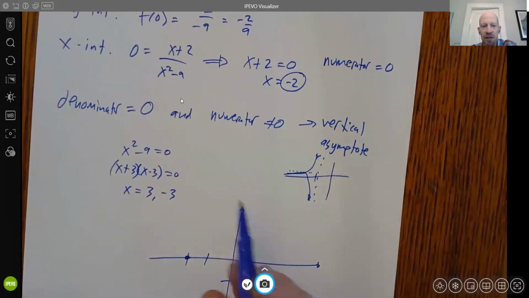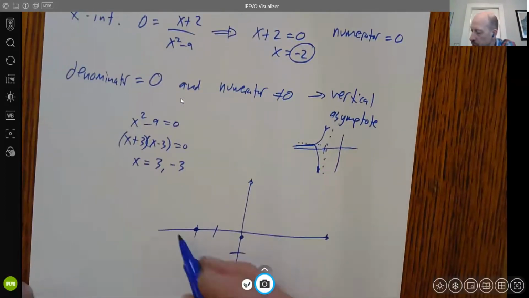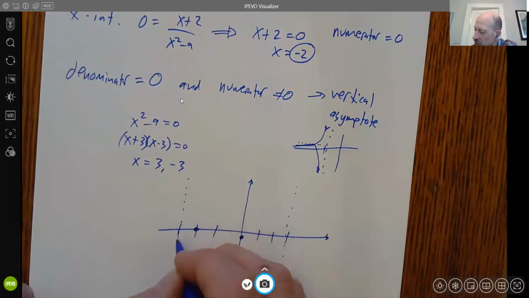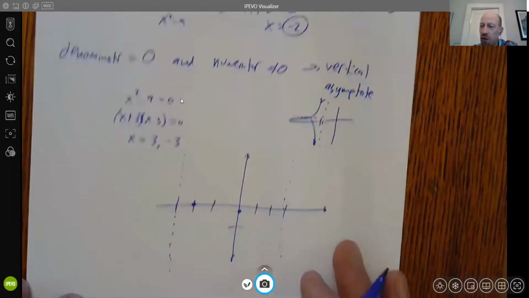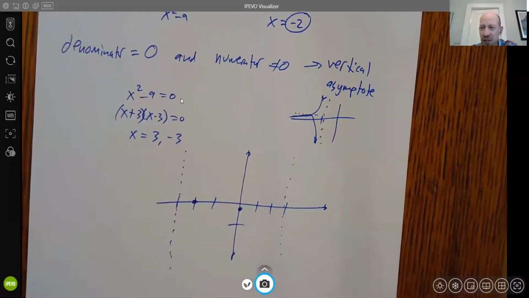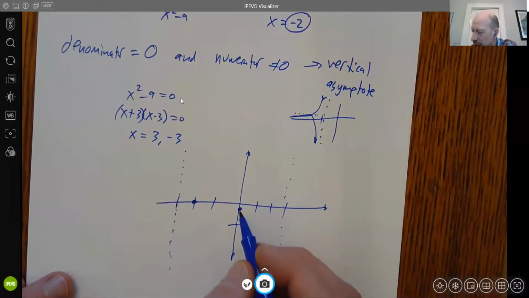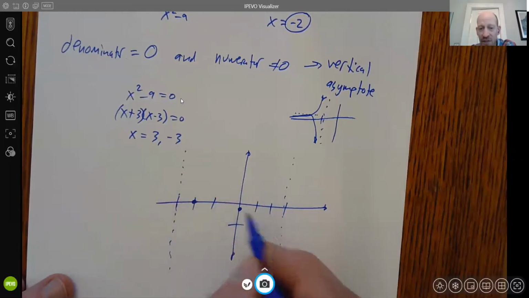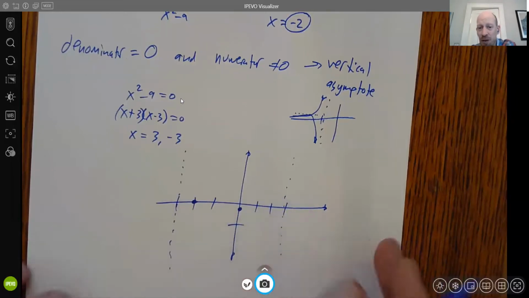And then I have these vertical asymptotes at 3 and minus 3. The way we indicate vertical asymptotes is with these dashed lines. The function isn't actually on that dashed line. That's just a guide to help us figure out what's going on with the function. Now, I don't know yet how the function is behaving. I have some information, but I don't know yet what's happening with it.